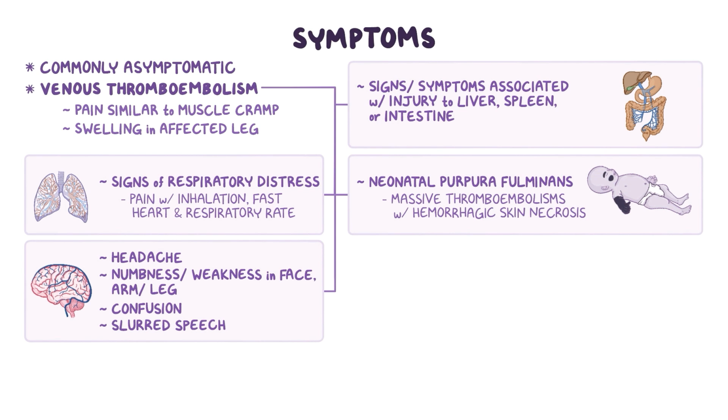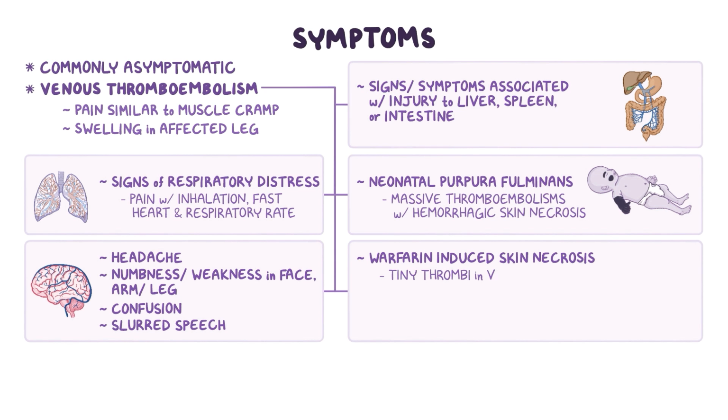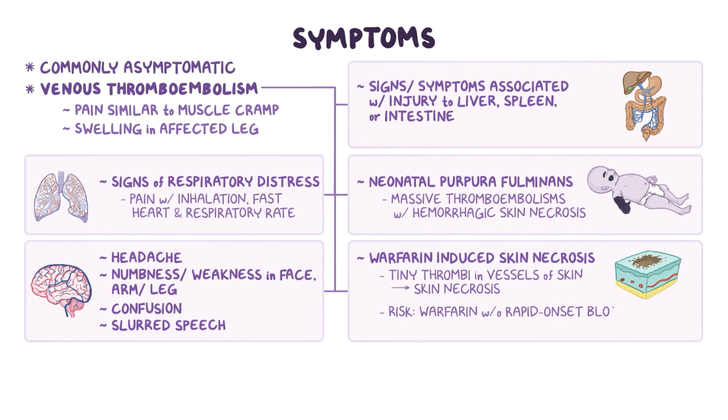Finally, with protein C or S deficiency, there can be warfarin-induced skin necrosis, which means tiny thrombi can form in the blood vessels of the skin, causing skin necrosis. This is a risk for people taking warfarin, especially in large doses, without an overlapping rapid onset blood thinner such as heparin or low molecular weight heparin.